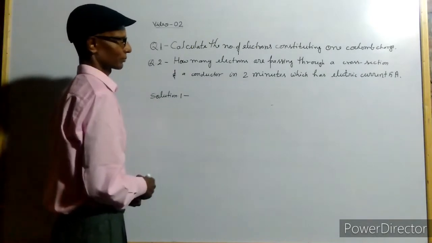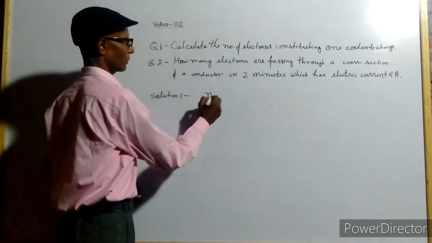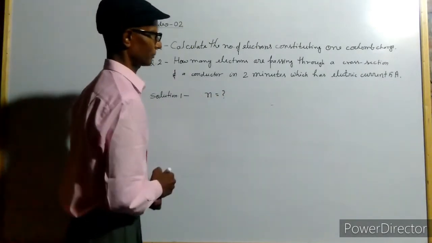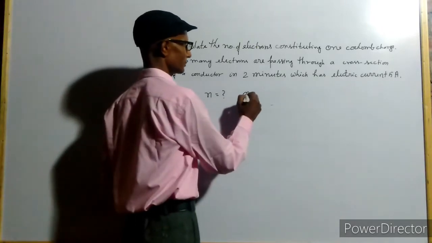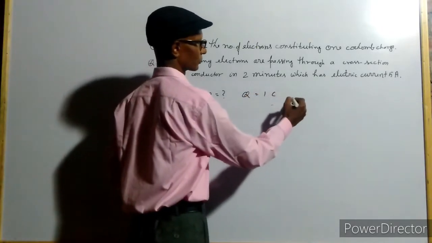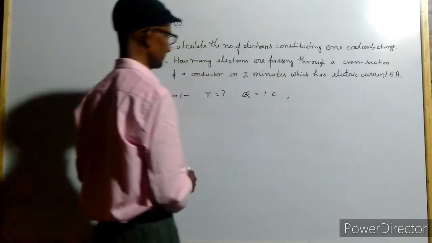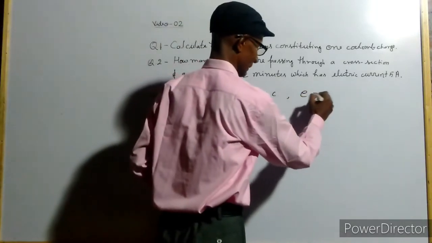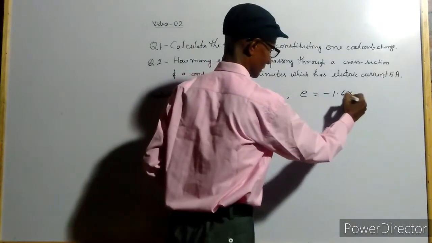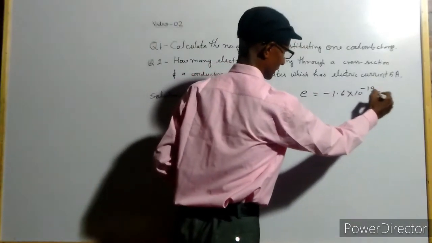Solution first. Number of electrons n. Charge 1 coulomb and value of e is minus 1.6 into 10 to the power minus 19 coulomb.